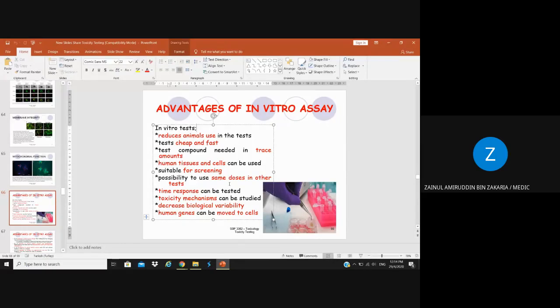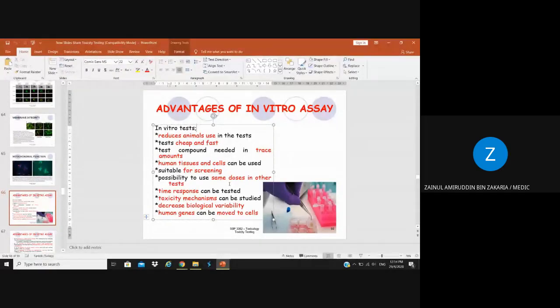And then you can study the toxicity, and what type of pathway in the cancer cell is being triggered, such as caspase 3, caspase 9, caspase 7, NF kappa B, TNF alpha. All these mechanisms you can study using your cells.